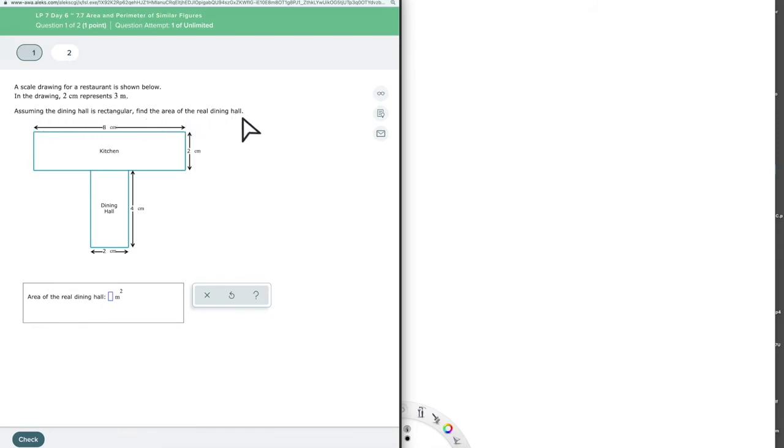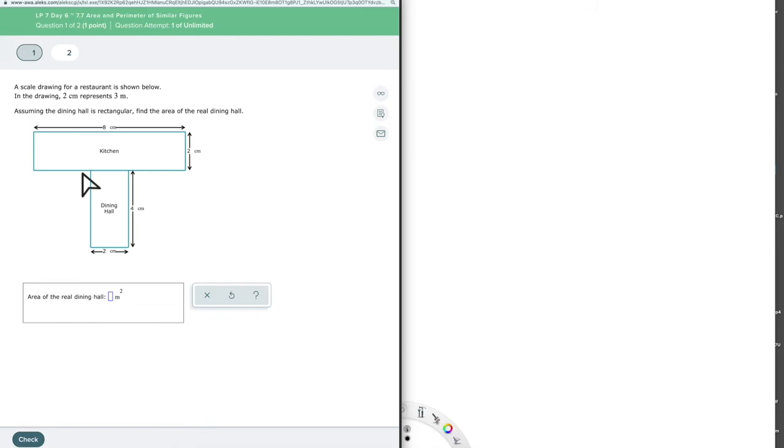All right, so we need to, number 1, kind of review what scale factor means. So remember, the drawing is smaller than the actual building, which makes sense. You wouldn't want to do a drawing the same size as the building. That wouldn't be terribly helpful. A scale model kind of helps us picture something before we build the entire thing.